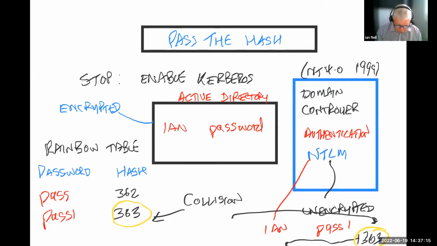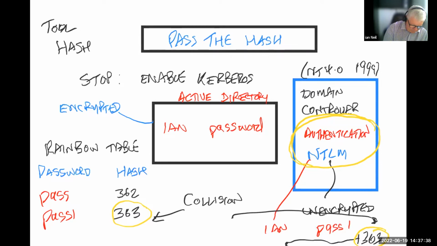So let's look at what we need to look for inside the test. We first of all look at the authentication being NTLM. That tells you it's the pass the hash. We then need to look at a hash value, but there's also a tool you can use for pass the hash, and that tool is seen as Hashcat.